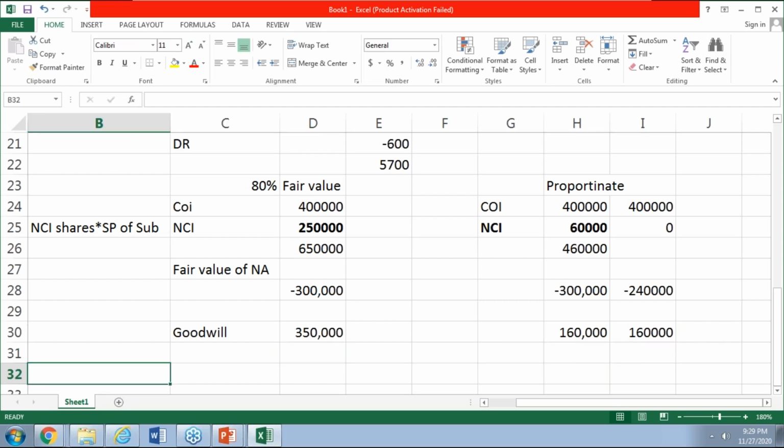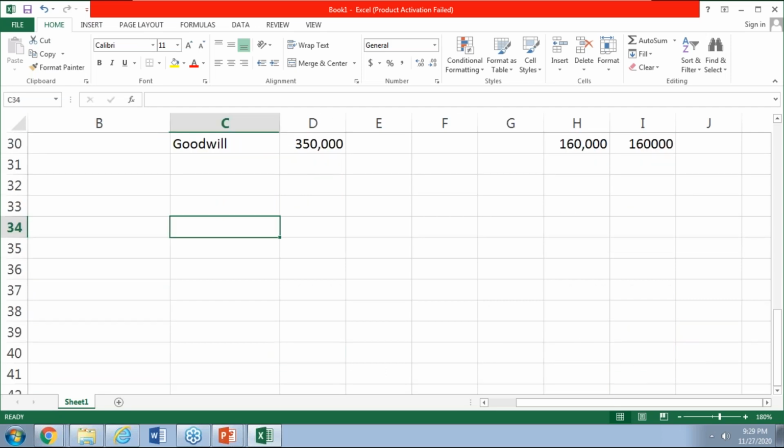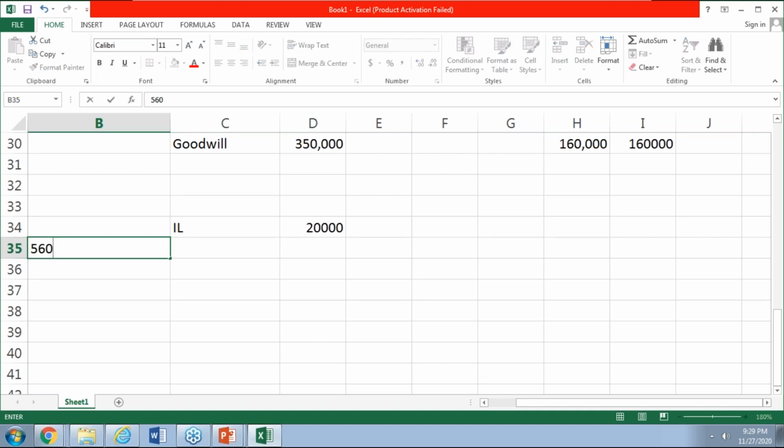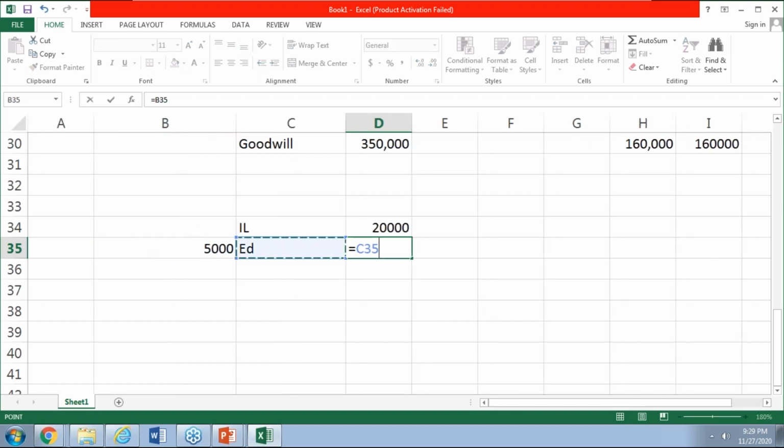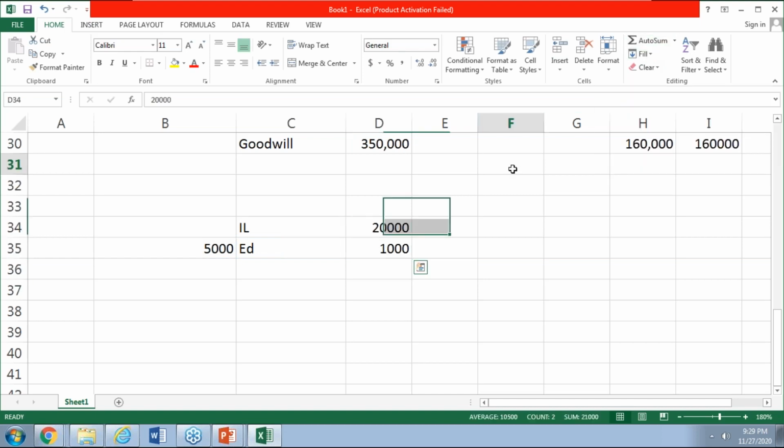It says that we are charging an impairment loss in the income statement of 20,000, and there is a fair valuation adjustment of 5,000, for which you have to book an excess depreciation adjustment, 5,000 divided by 5 years. So it's 21,000 actually, which you need to adjust.